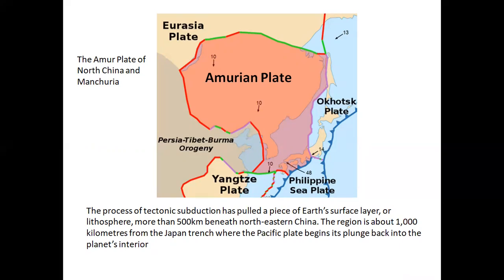And so they appreciate that 1,000 kilometres away from the Japan Trench, you can see fragments of crustal material that appear to have resulted from the action of subduction.